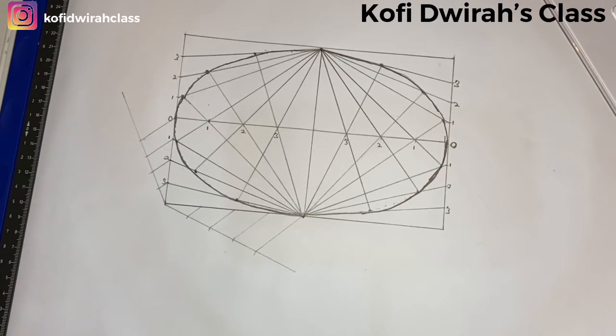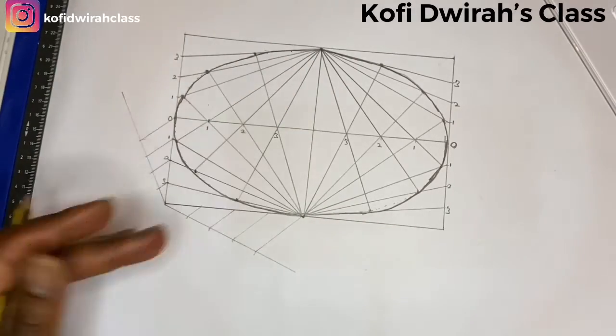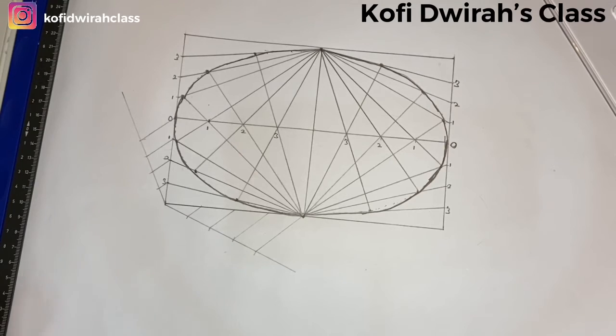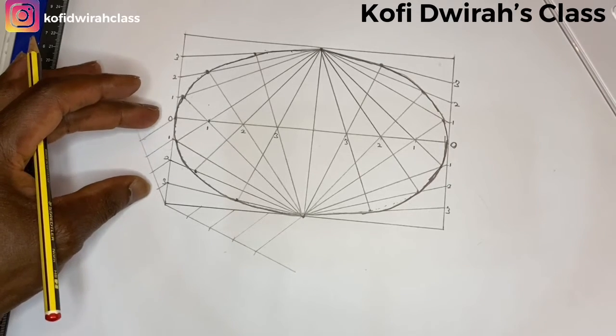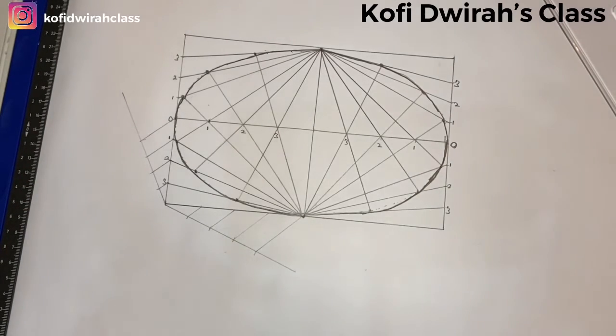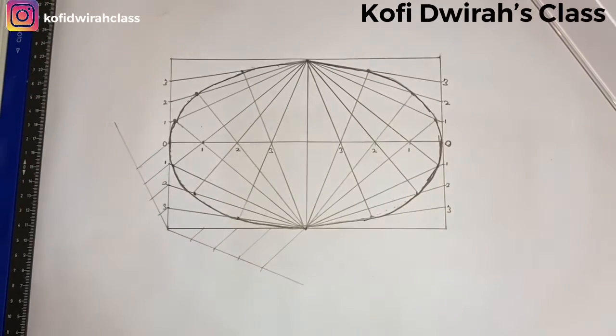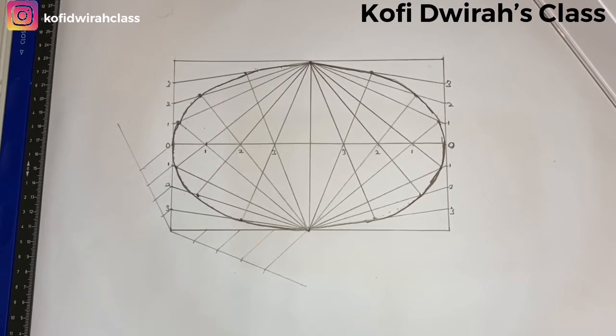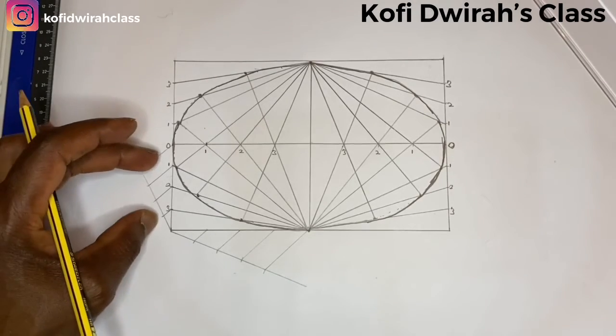It's not all that difficult. You have to go step by step. You first draw your rectangle, then you divide it into 4 parts, and you divide this side. You know how to divide a line into equal parts, we have that in the first lesson in my videos, you can learn from there how to divide a line into equal parts.